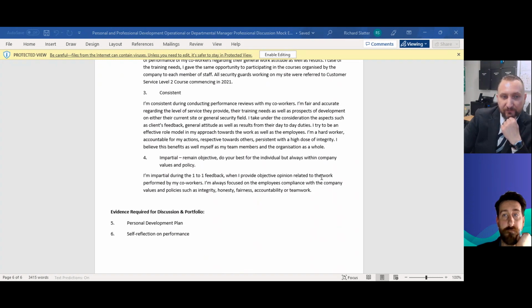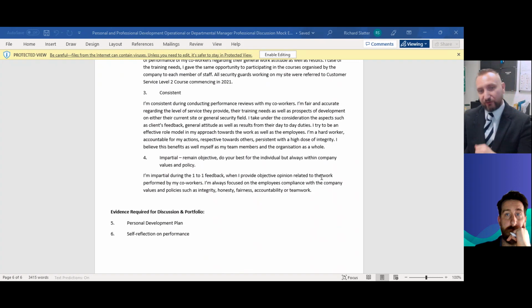I try to be an effective role model in my approach towards the work as well as the employees. I'm a hard worker, accountable for my actions, respectful towards others, persistent with a high dose of integrity. I believe this benefits myself as well as my team members and the organization as a whole.